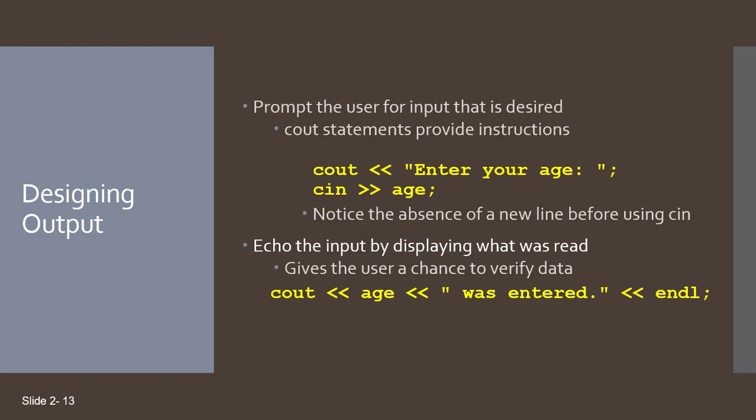So let's say 20. It sends that number out. Then it sends out a string of characters, and now we see the double quotes. Was entered. That exact stream of characters goes out. And then the end line constant, ENDL, is also sent, and that means go to a new line. So this cout statement would say 20 was entered, and then go to the next line.